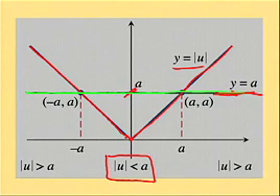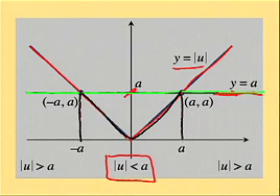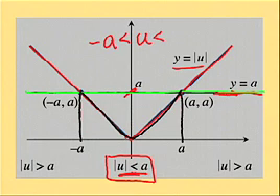So here's the line y equals A. And what we see is that the value for U is less than A for this range right here. In other words, it's between negative A and positive A, which again was the solution that we looked at when we were solving this inequality.